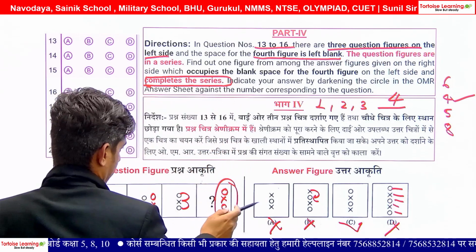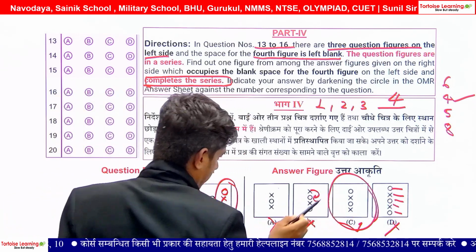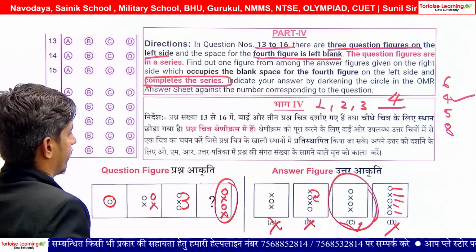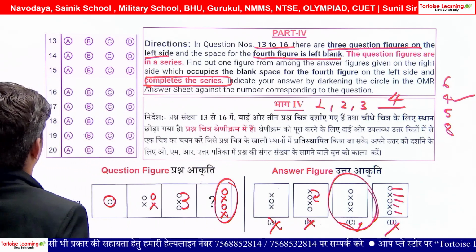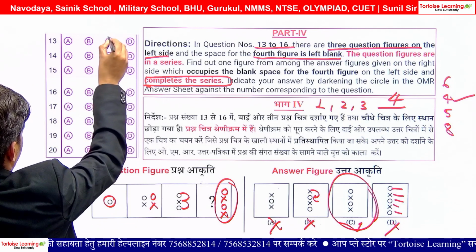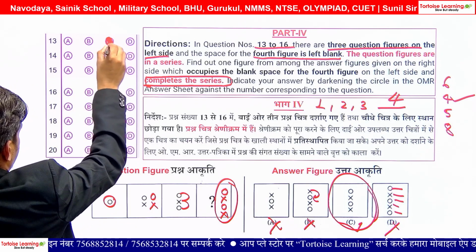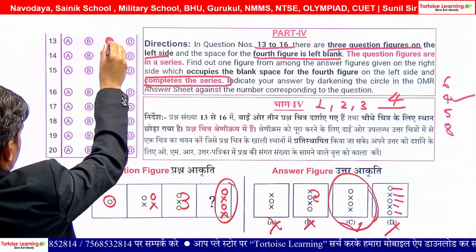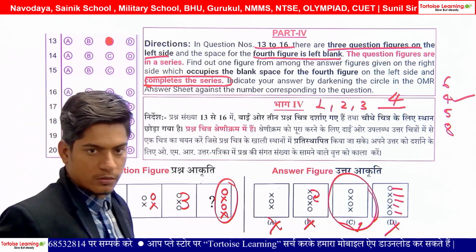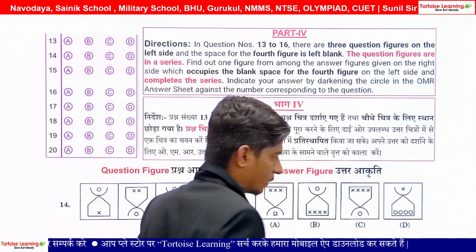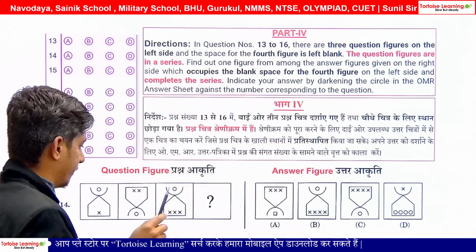Okay, so we have one option left, C will be our correct answer. 13 is C. The method: first make the outer circle and then the inner circle. Okay. Next, use only blue and black ball pen.